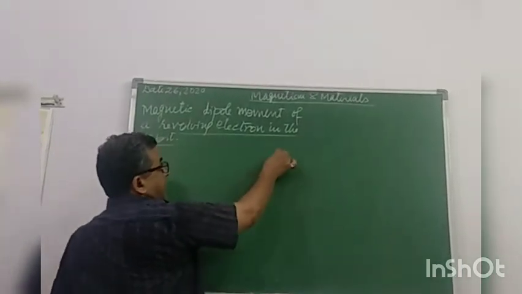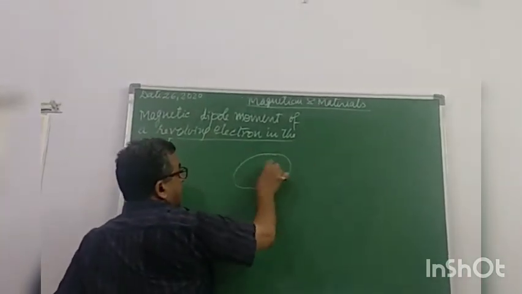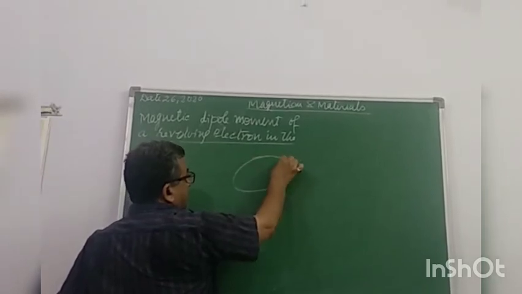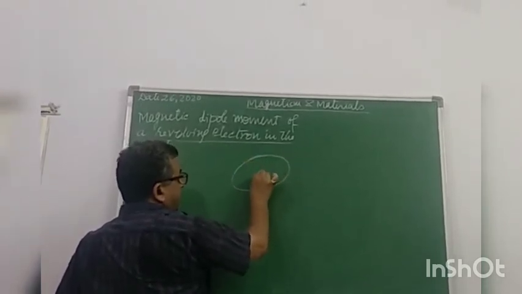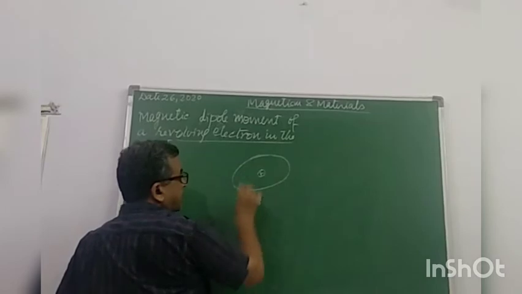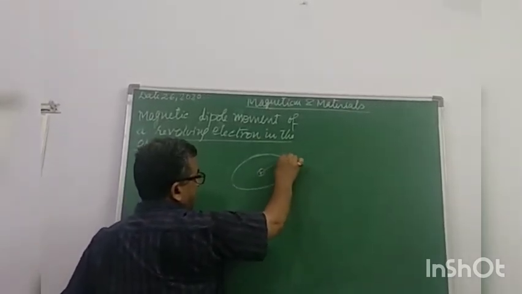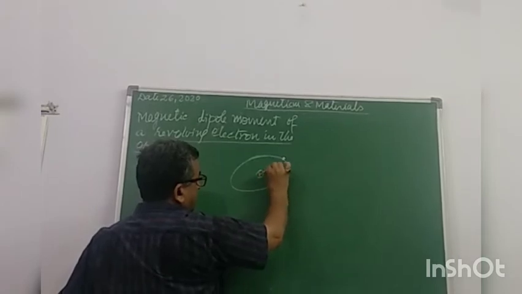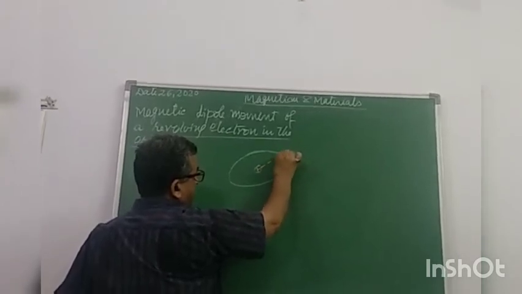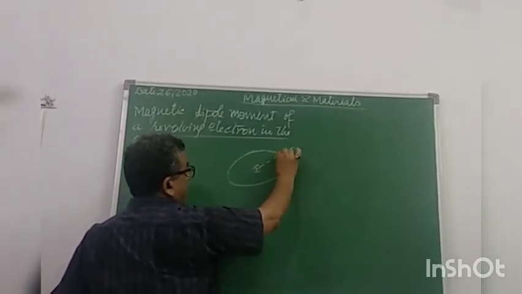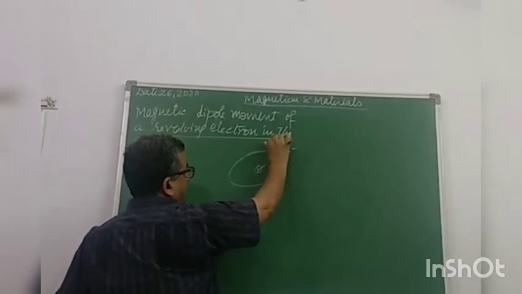So see, this is the nucleus and an electron is revolving. This is the electron revolving with velocity v.